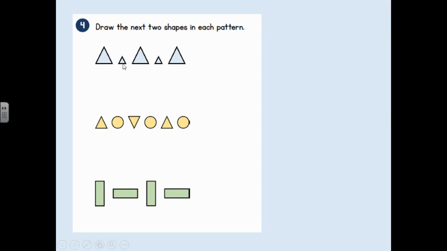Big triangle, small triangle, big triangle, small triangle, big triangle, and you need 2 more. Triangle, circle, upside down triangle, circle, triangle, circle, and you need 2 more. Rectangle, flat rectangle, rectangle, flat rectangle, and you need 2 more.